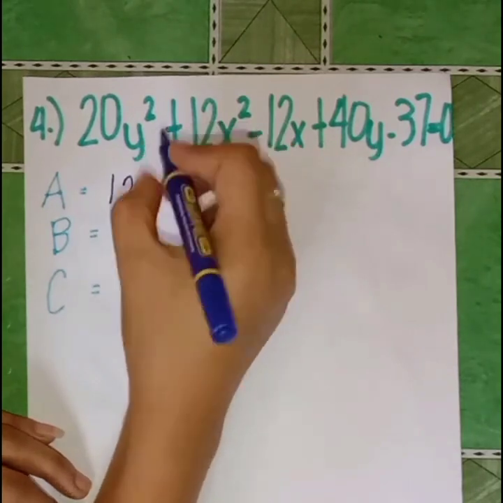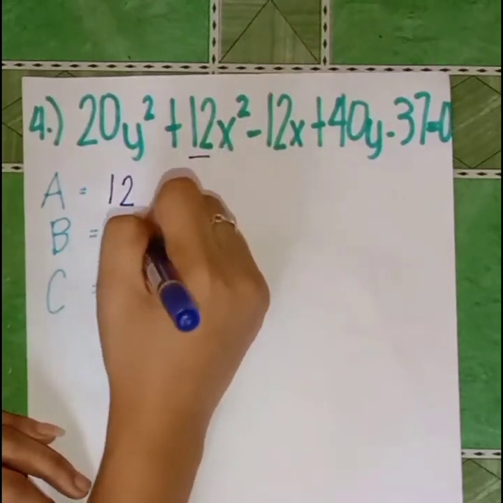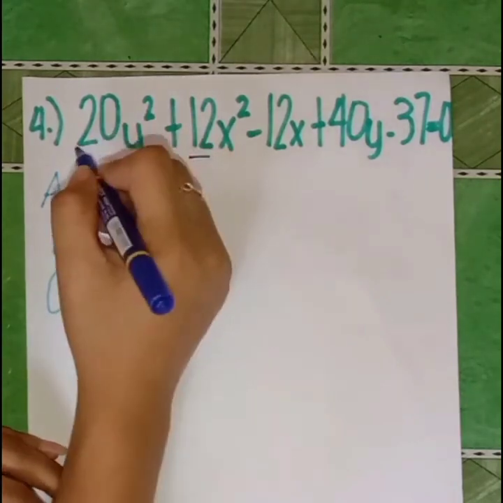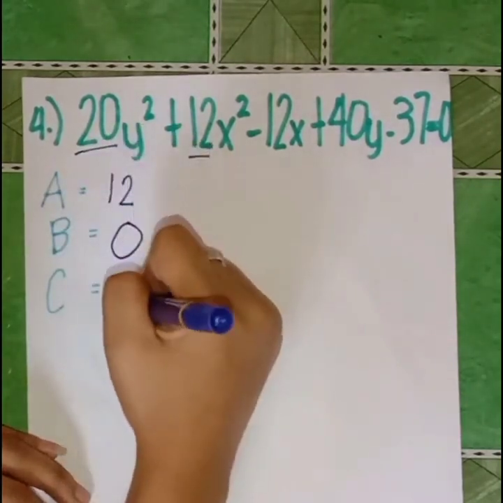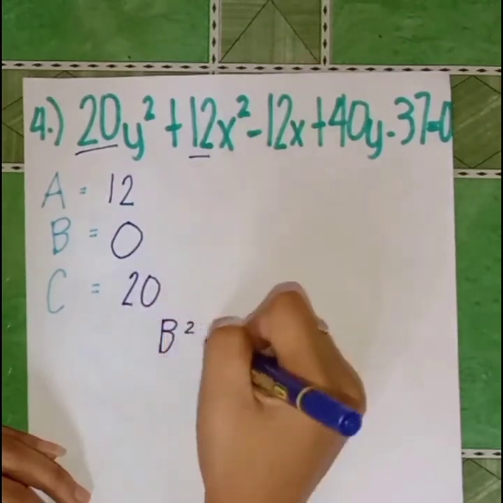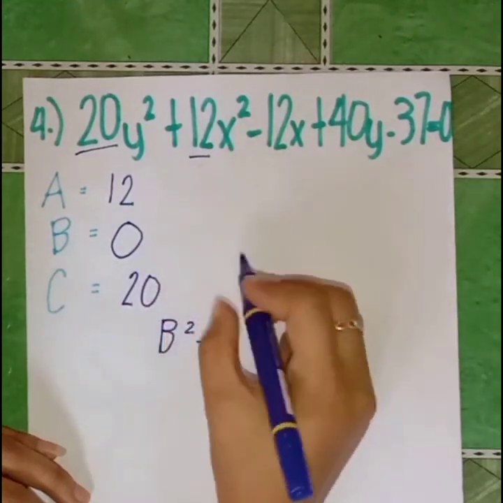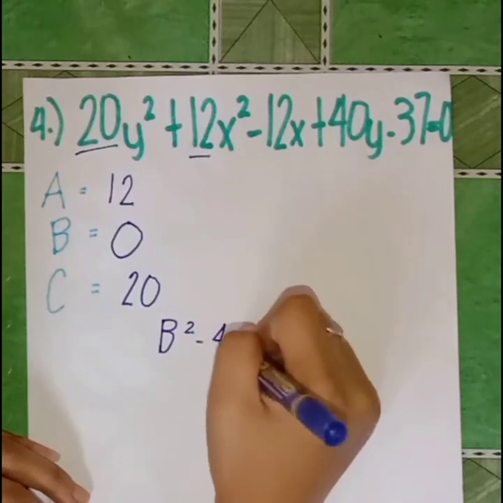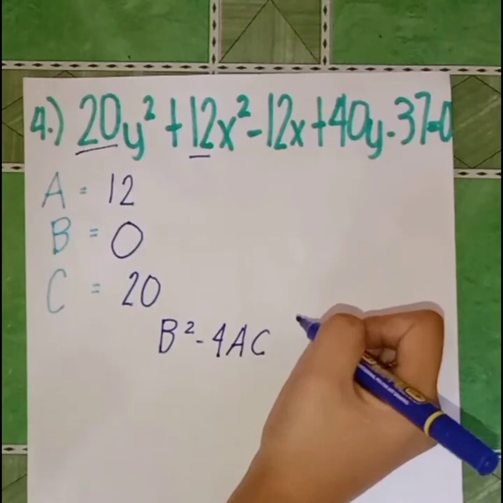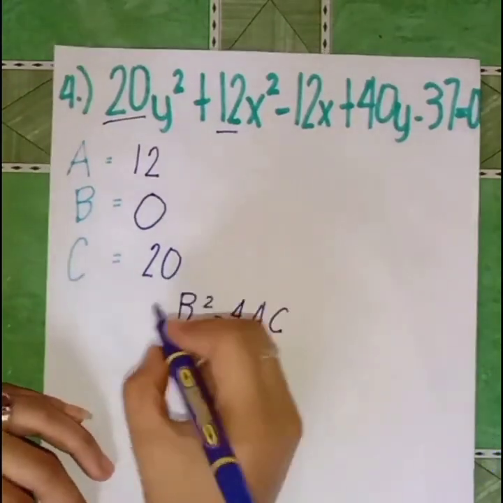Our coefficient B contains 0 since there is no xy term. And our coefficient C contains 20. So, we will solve it using our discriminant, which is b squared minus 4ac.